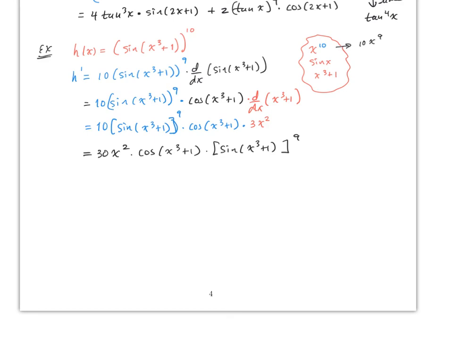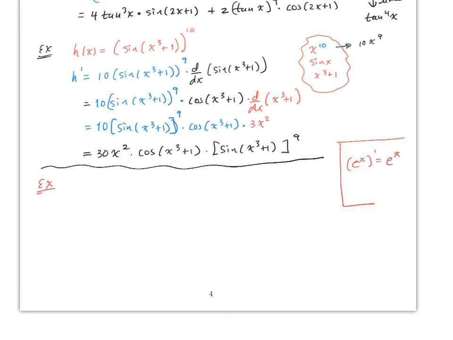Now finally, we have more features now for the famous e to the x. So remember that you have e to the x and you take the derivative, it was just e to the x, okay? But now we have an extra tool using the chain rule. So for example, and you're going to use this also hundreds, if not thousands of times.